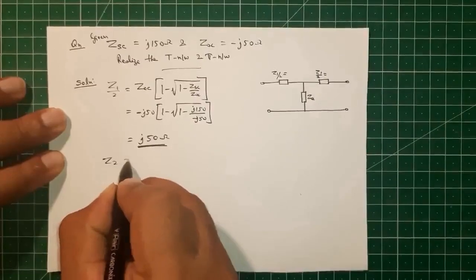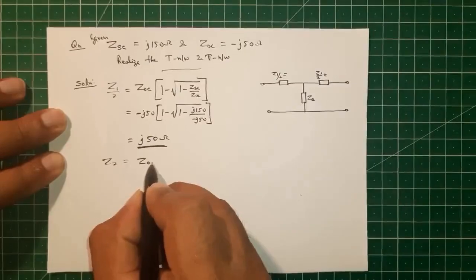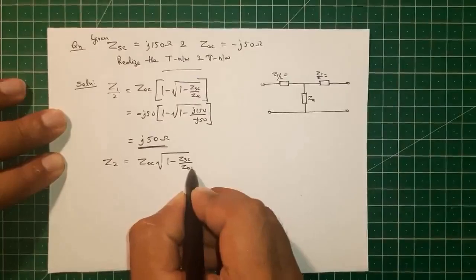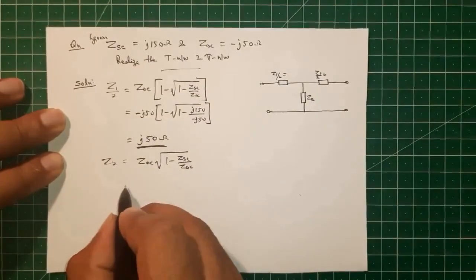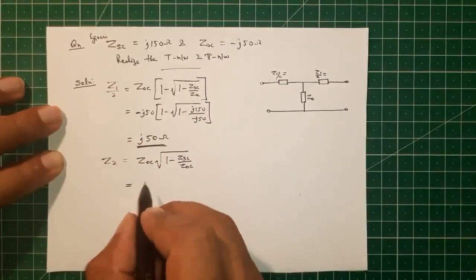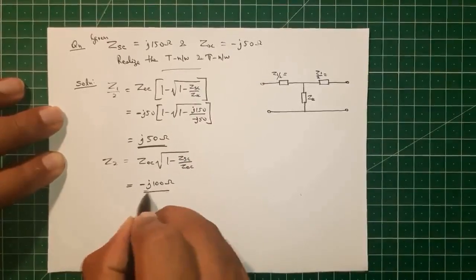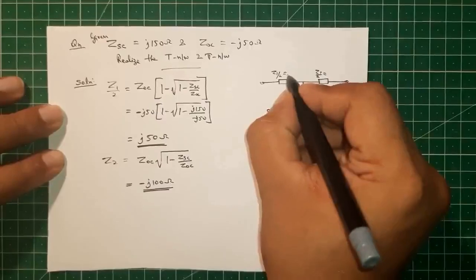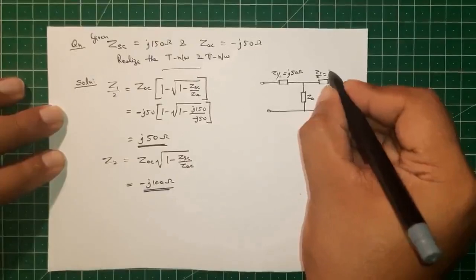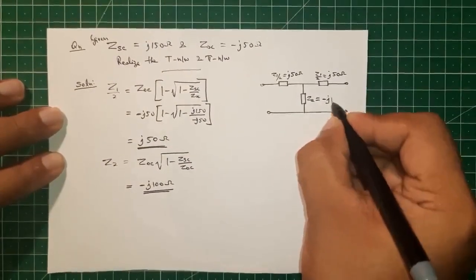Also Z2 is equal to ZOC square root of 1 minus ZSC by ZOC. Again substituting these values, you will get Z2 as minus j100 ohm. So we can represent this network as j50 ohm, also j50 ohm, and Z2 equal to minus j100 ohm.